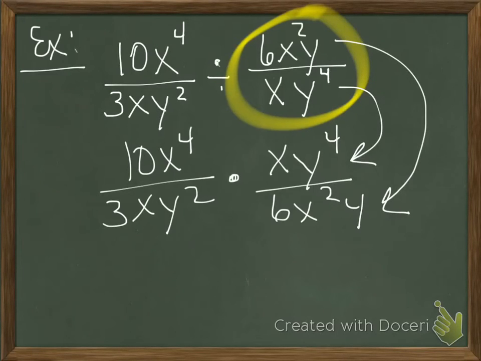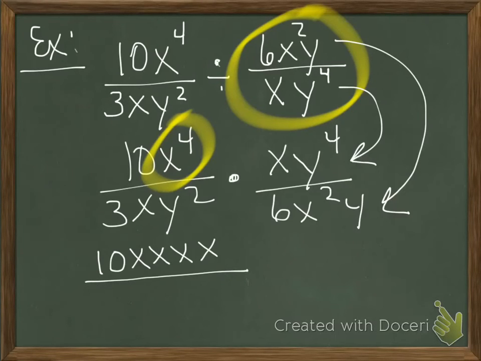Now I'm going to factor this, but factoring is going to look a little bit different. So for me, all I'm going to do is rewrite it a little bit. I'm going to write it as 10, and I'm going to write x to the 4th as 4 x's. So 1, 2, 3, 4. In my denominator, I have a 3 and an x, and I have y squared. So y squared is going to become y y.